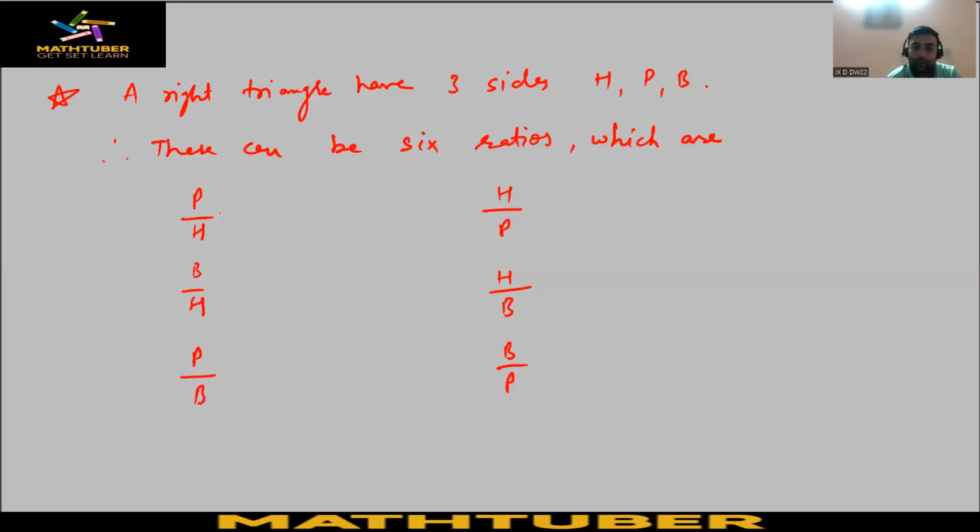And these six ratios are given the names like sine, cos, tan, cosec, sec, and cot. So we have to just see what are the names of these ratios and what are the formulas.